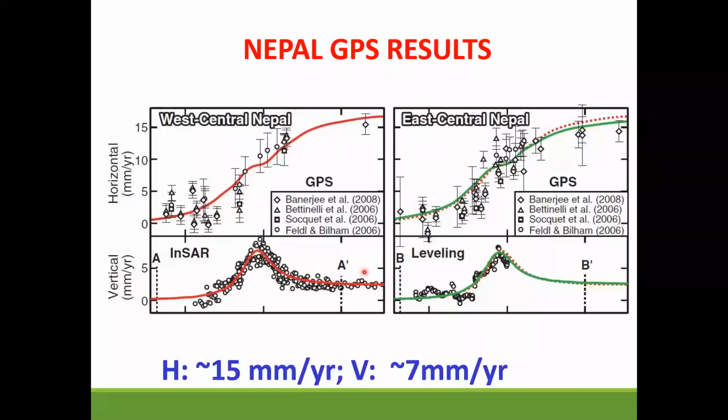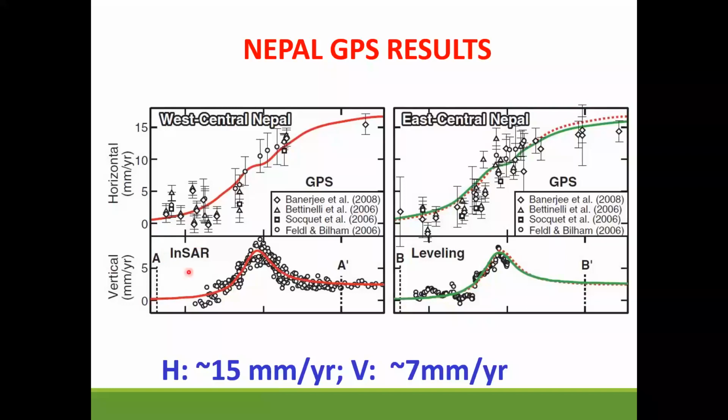Okay, if you do leveling, which basically tells you how the uplift occurs, that also follows a similar pattern, where you have the highest uplifts in the middle of the wedge. The horizontal velocity here is about 15 millimeters per year, and vertical velocity is about 7 millimeters per year. Okay, this is basically done through surveying methods.